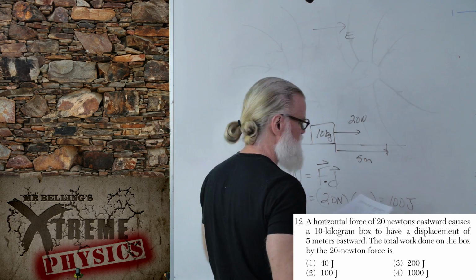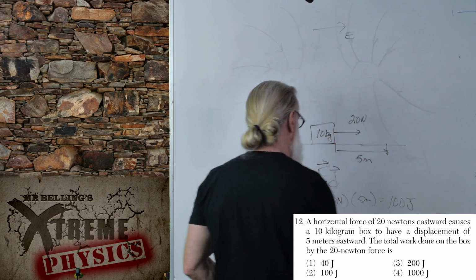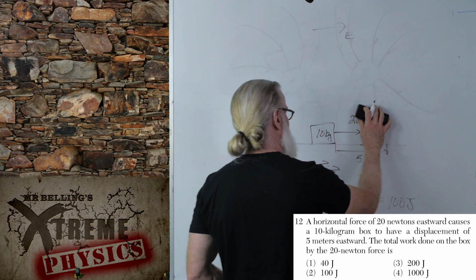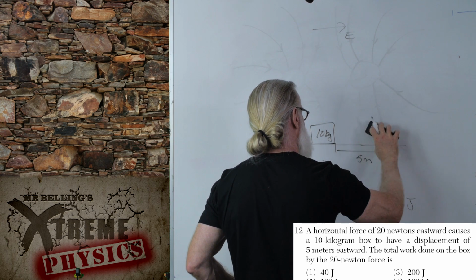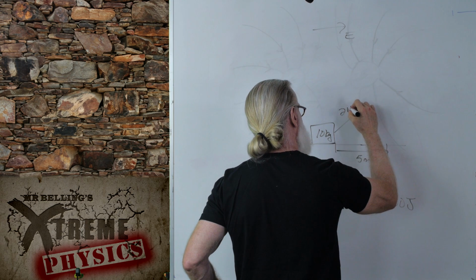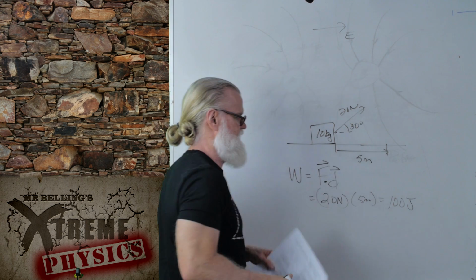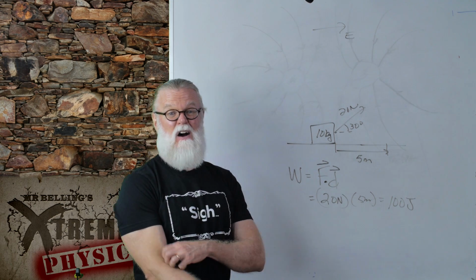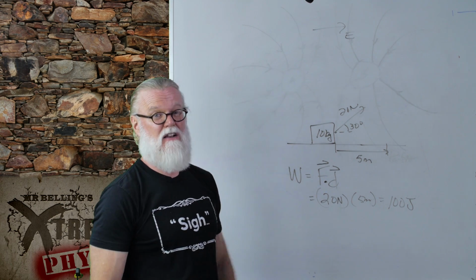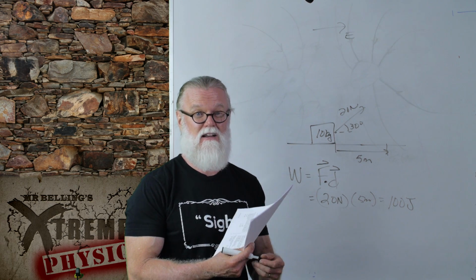Now, let's make it a little more difficult. Let's say they said this instead. They said, all right, let's go 20 newtons at 30 degrees. Now my 20 newtons isn't in the direction of displacement. Some of it is, certainly.